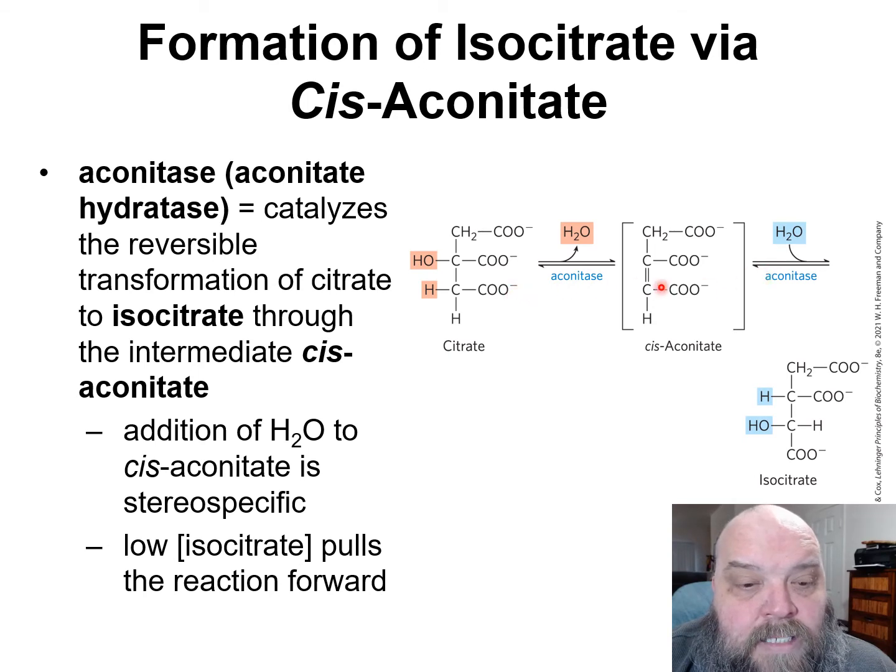What's interesting is even though these are reversible reactions, it does seem to want to push towards isocitrate, because as isocitrate levels drop, we see less reversibility. So the citrate becomes more isocitrate when these levels start to drop.